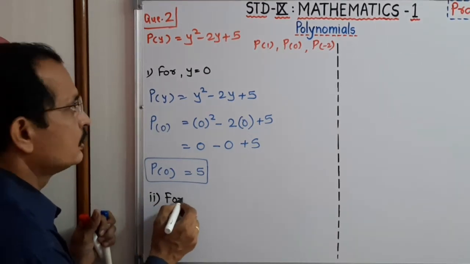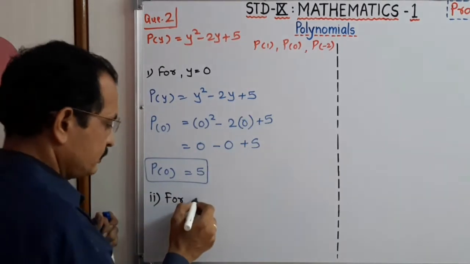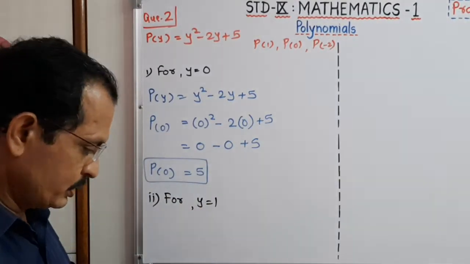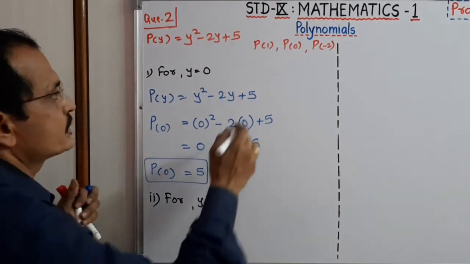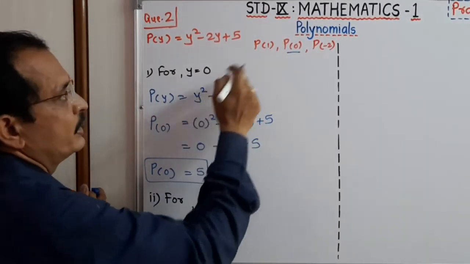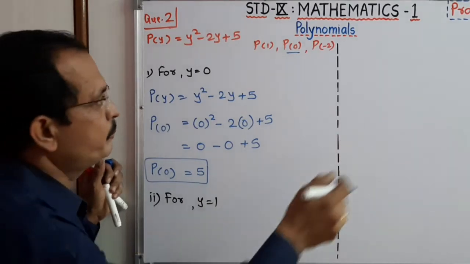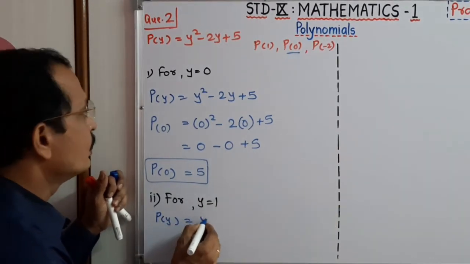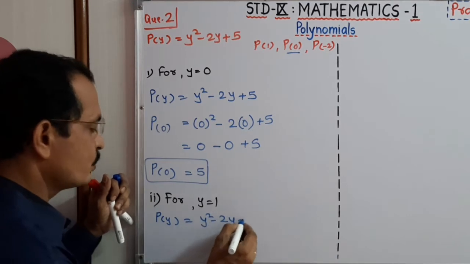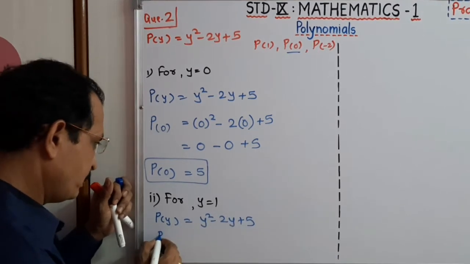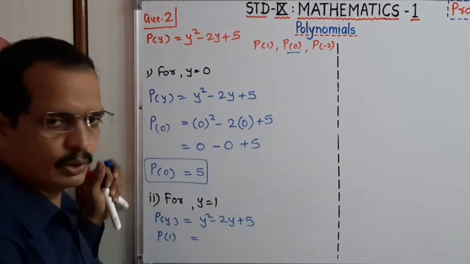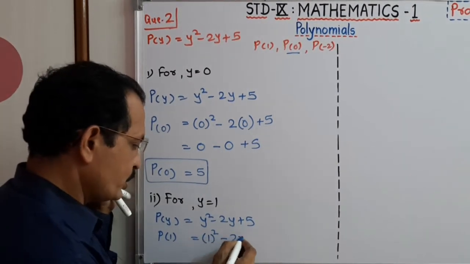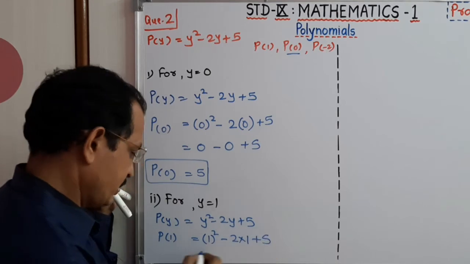For P(1), y is equal to 1. First I take P(0), then I take P(1) and then P(minus 2). Therefore p(y) is equal to y square minus 2y plus 5. P(1) is equal to square of 1 minus 2 into 1 plus 5.